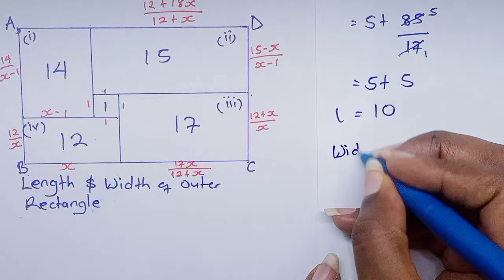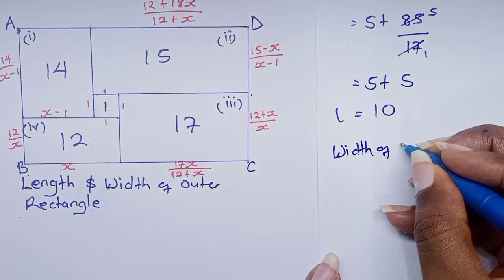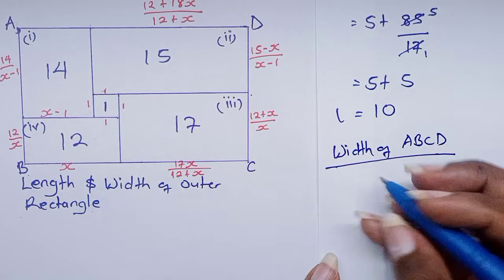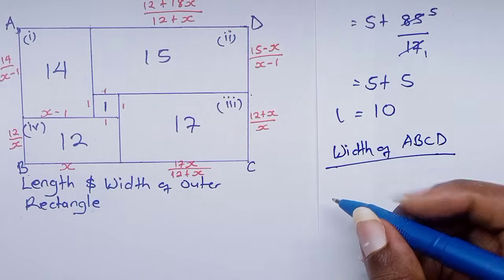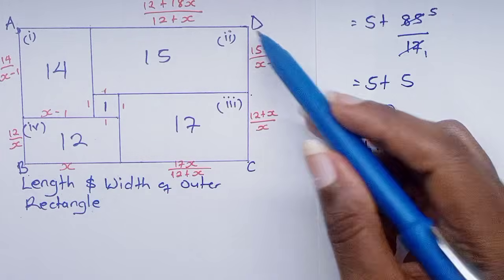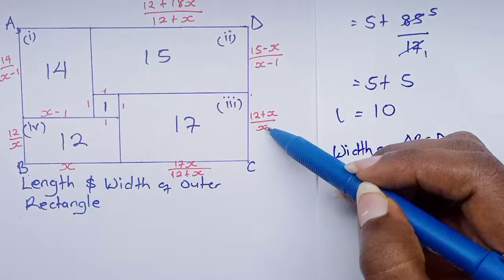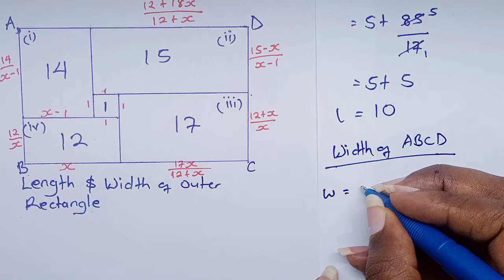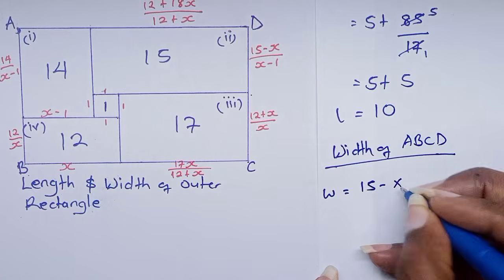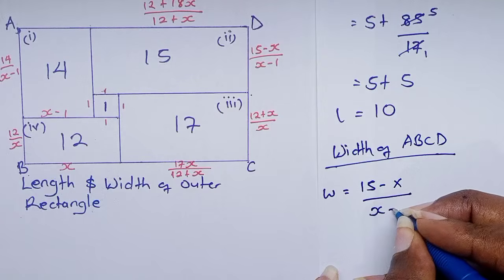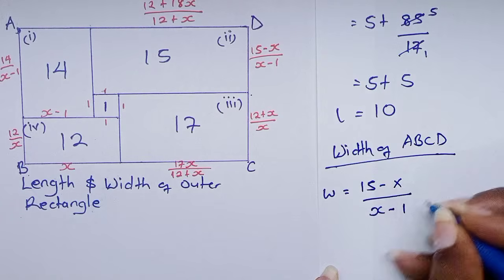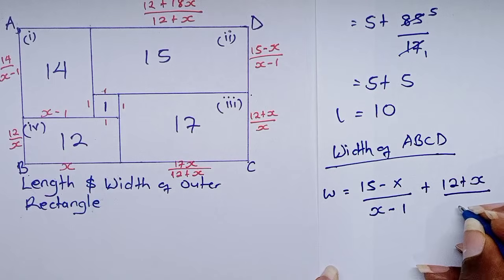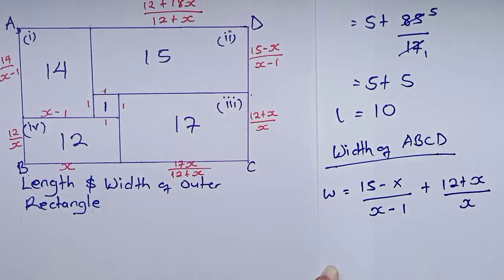Next, let's find the width of rectangle ABCD. Now, the width will just be this DC, which is this plus this. So our width will be 15 minus x over x minus 1 plus 12 plus x over x.